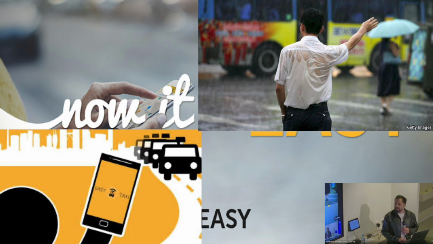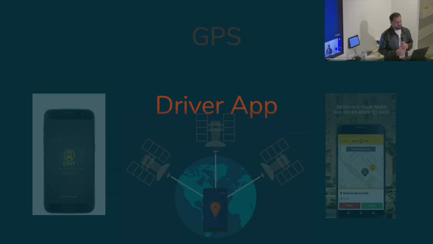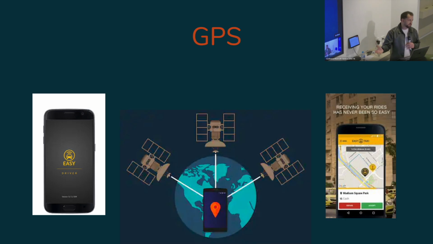That's exactly what you're trying to solve here. So how do you connect those two parties? The first piece of the puzzle is to create a driver app, to address this issue, and you distribute it to all drivers in the city. Easy peasy, right?